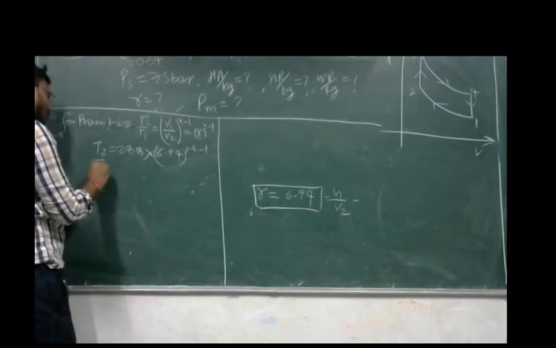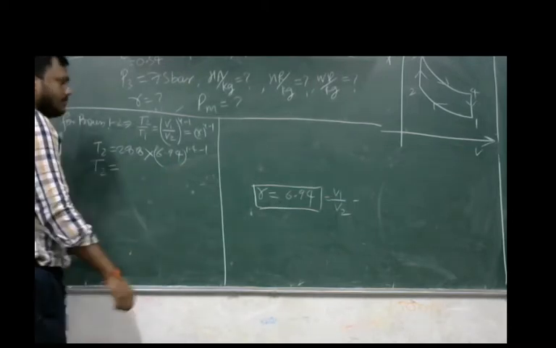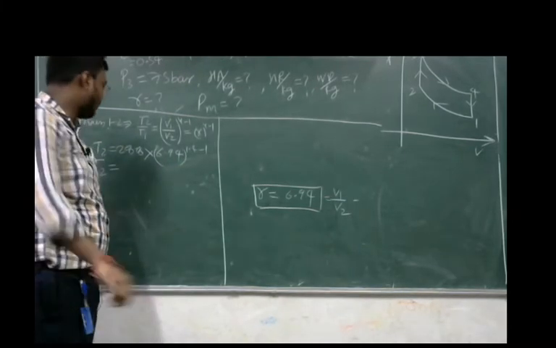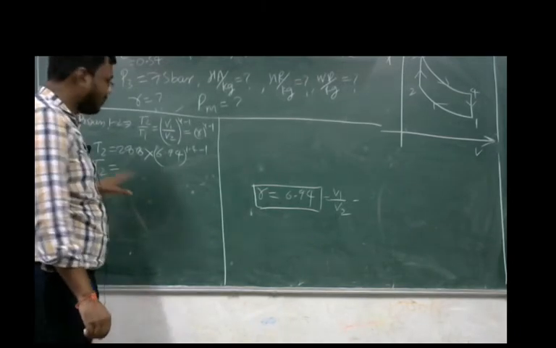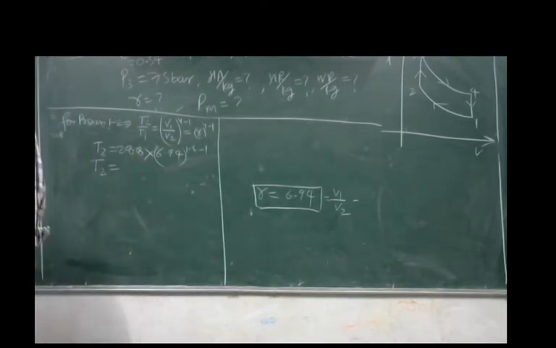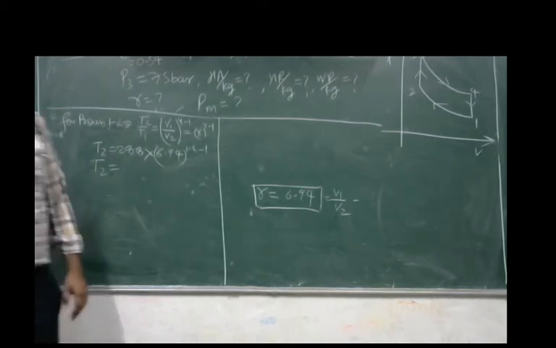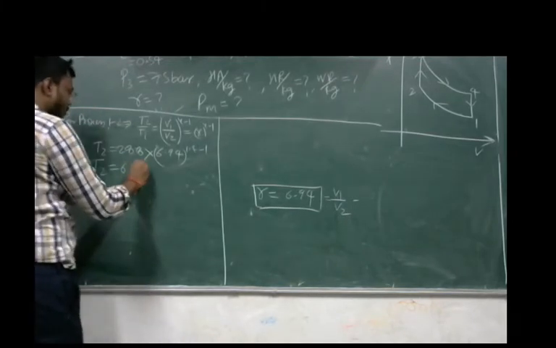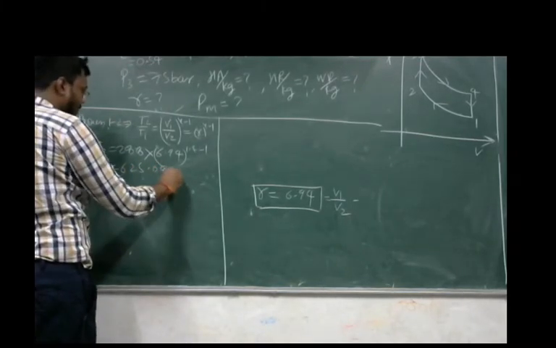So we get the value of T2, which comes equal to 625.08 Kelvin.